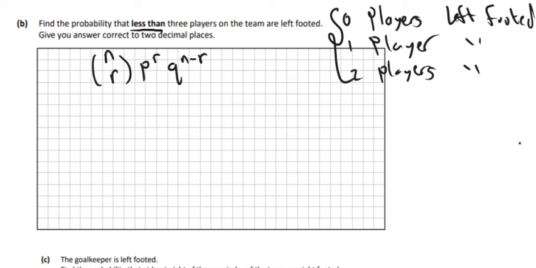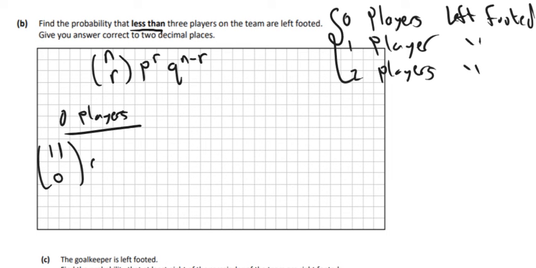So for 0 players, it would be 11, well, it's choosing 0. Sorry, 11 choose 0, isn't it? And then it's going to be the same thing.